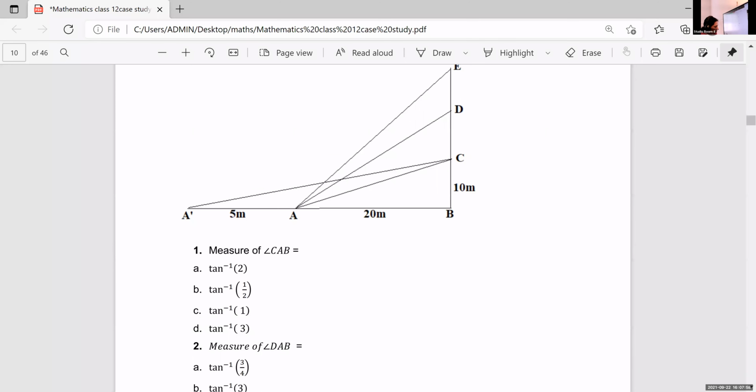Okay, this is the figure given. Now, look at the question. Measure of angle CAB is, based on this figure. What is the answer? Yes, Rijas.